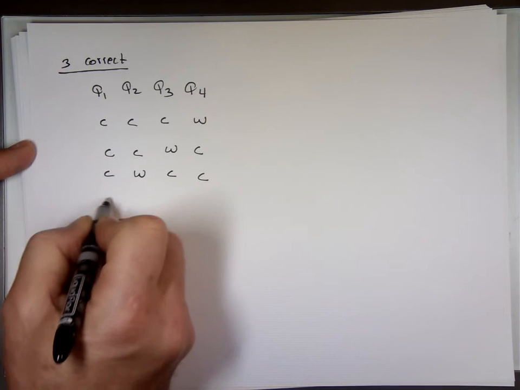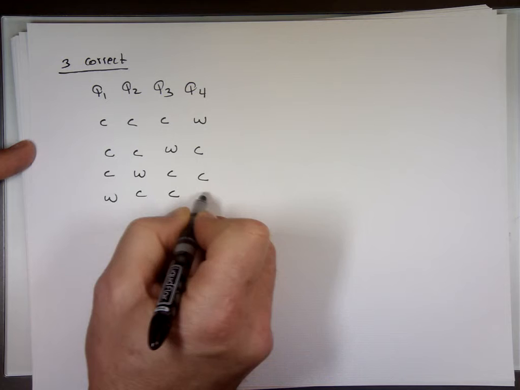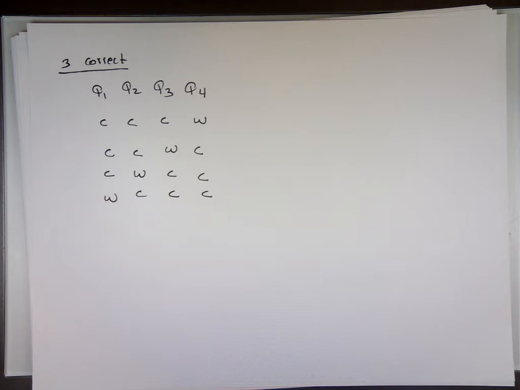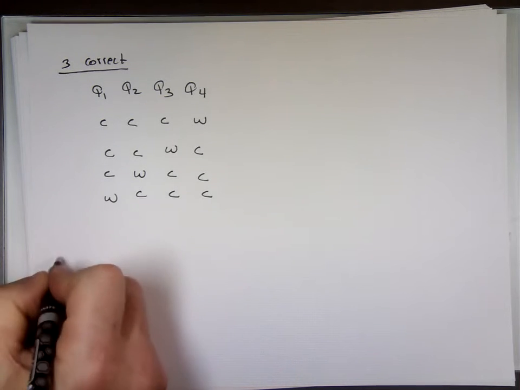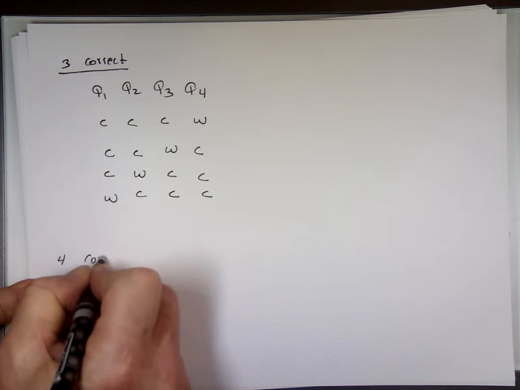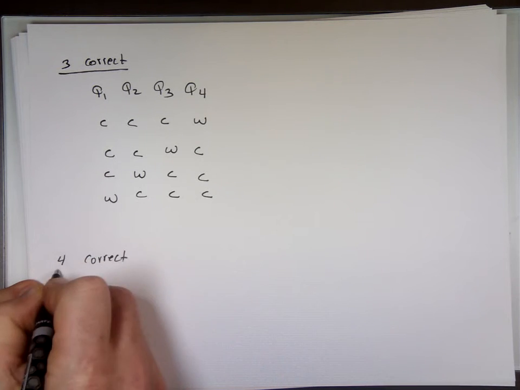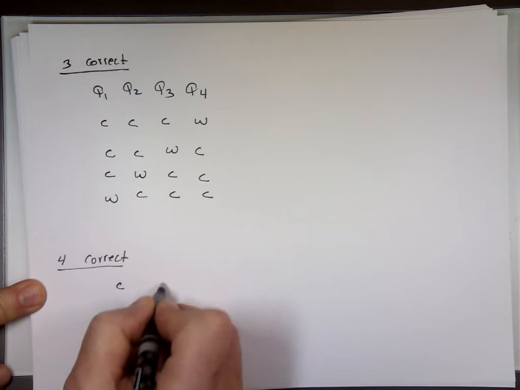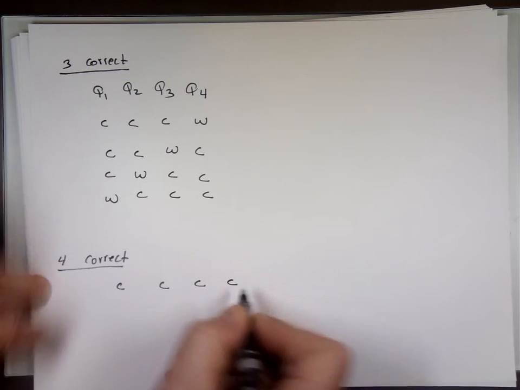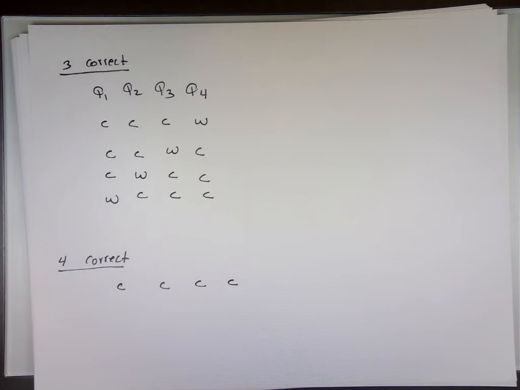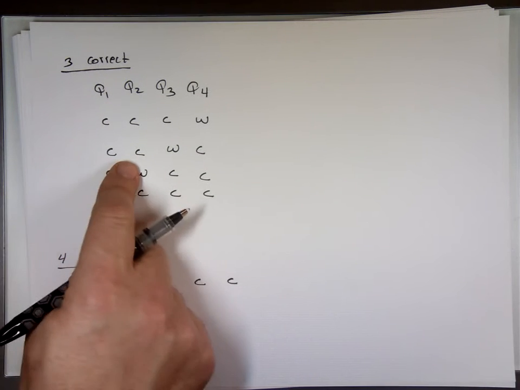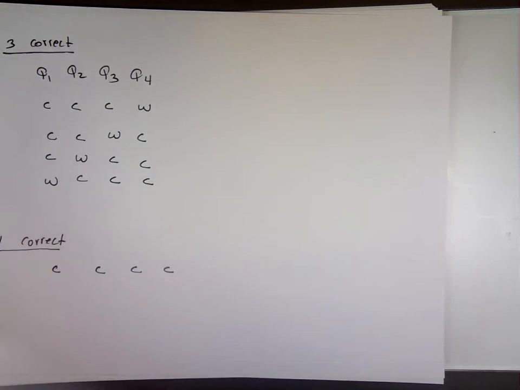Wrong, correct, correct, correct. There's 4 of them. So we had 11 cases covered so far, plus 4, that will make it 15. There's one more for the 4 correct. For the 4 correct, there's only one case. Correct, correct, correct, correct. That's where the 16 different sets actually come in. So let's see what the probability of this one is. Here we go.